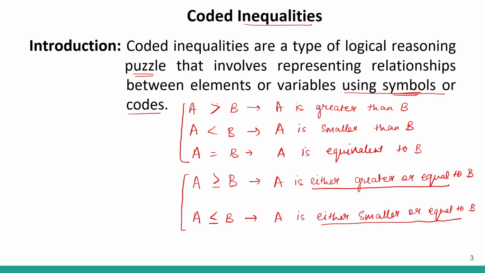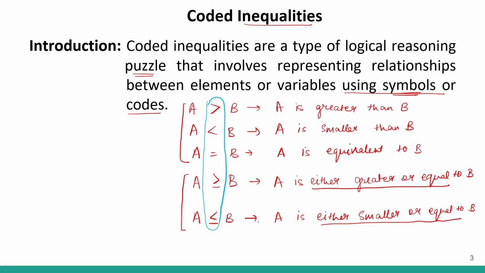These are the only 5 symbols that you have to remember for coded inequalities, nothing more than this. These 5 symbols will be used for answering questions in coded inequalities.